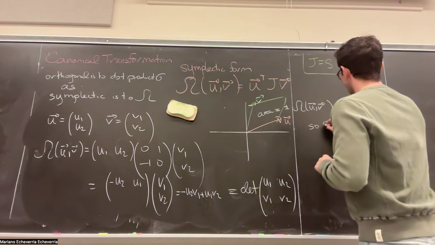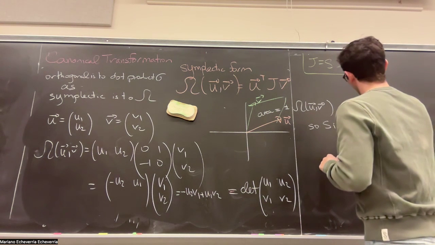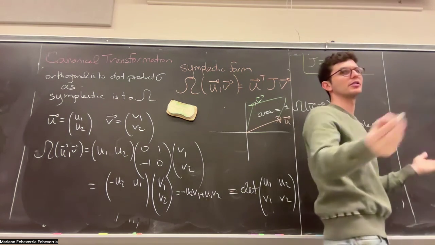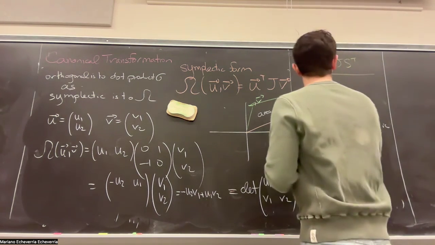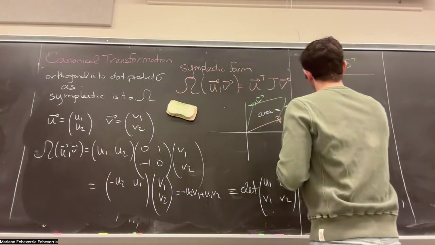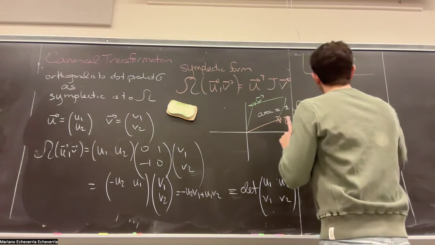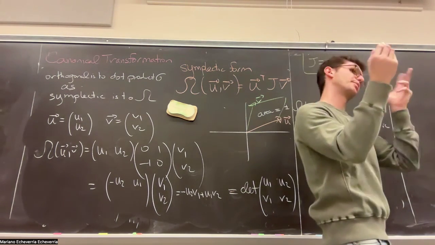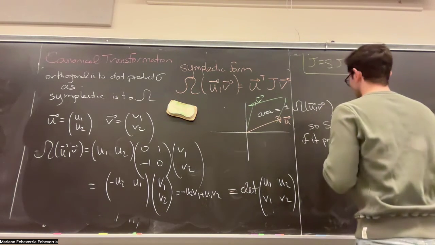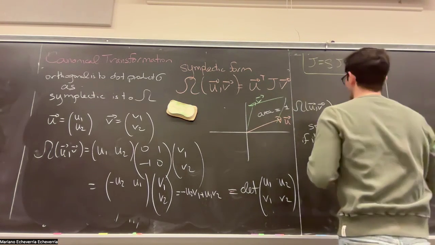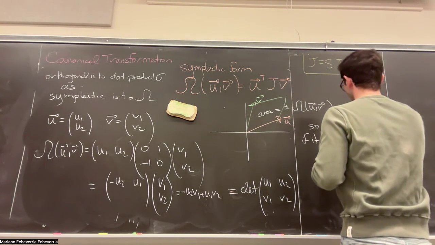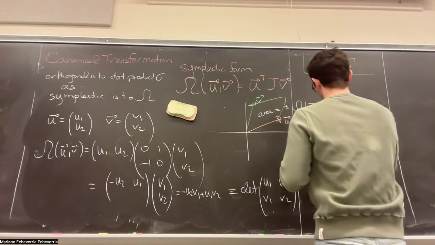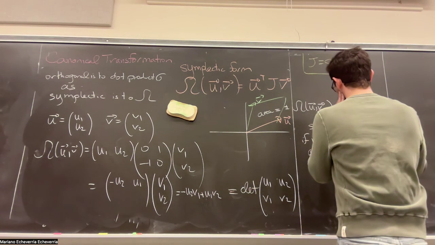A symplectic matrix preserves the area of any possible parallelogram on the plane, and it preserves the orientation because it has determinant one, so it doesn't mess up which one comes before the other, like when you orient these things with the right-hand rule, for example, with the cross product. It preserves the area and orientation of all parallelograms on the plane.